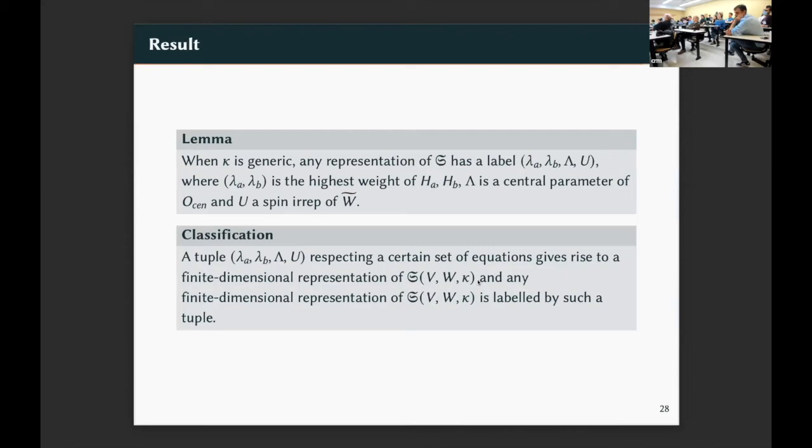And U is a spin irreducible representation of W. The second part of the result is using what I presented, the factorization and the relations we can have, milking the algebra, we can say. Maybe it's not a good image, but we can say any tuple lambda A, lambda B, big lambda, and U that respects a certain type of equation will give rise to a finite-dimensional irreducible representation. And the other way we already presented.